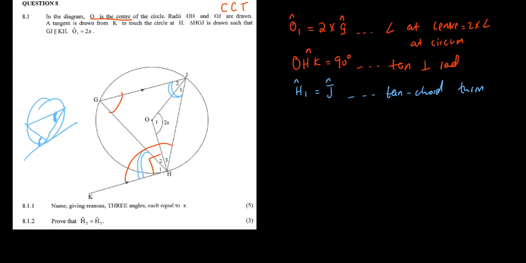If you extend a chord, you make a tangent here. If you're going to extend KH, because you're doing IEB, if you extend that one, usually they won't make it wrong, right?